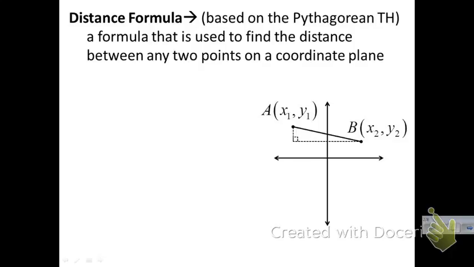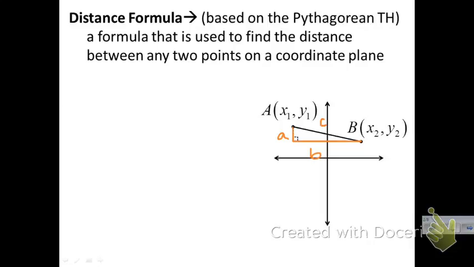So here's my coordinate plane, but what I want to show you, and this is what we're going to do in our first little bit, is we can take the distance right here from A to B and create a right triangle, because this distance is easy to count and that distance is easy to count. And we get to use a squared plus b squared equals c squared if it's on a coordinate plane, and that's why it's based on the Pythagorean theorem.